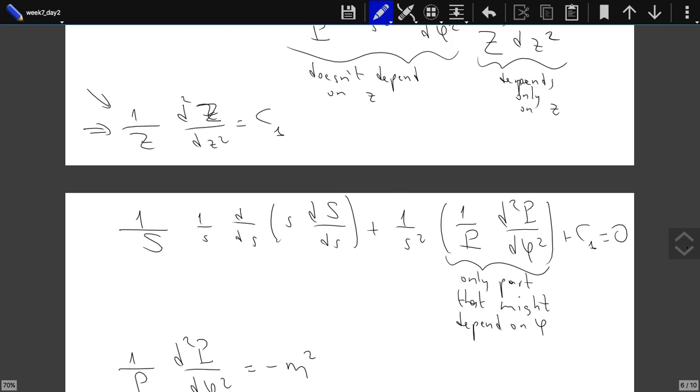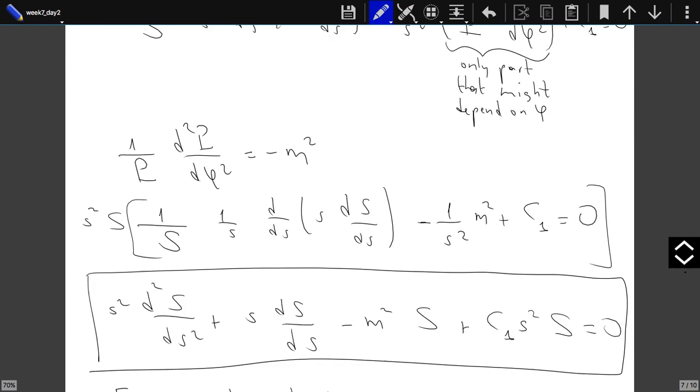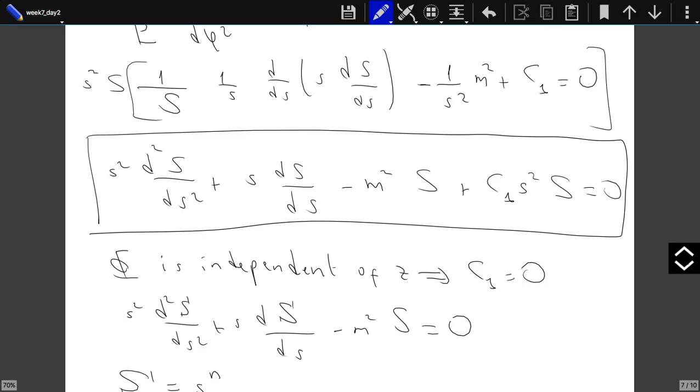In fact, the problem doesn't depend on phi because it has this rotational symmetry. So you should be looking for a solution that is independent of phi. And then this is your equation with m equal to 0, C1 a negative constant. You have to look up what the solutions of this differential equation are.